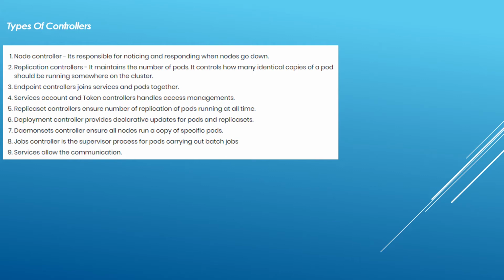If anyone is familiar with Linux, they might be aware of cron tab. Same as that, in Kubernetes we can run cron jobs also. The job controller is a supervisor process for pods and carries out batch jobs. And services allow the communications. That's it.